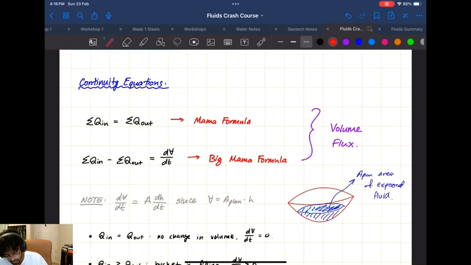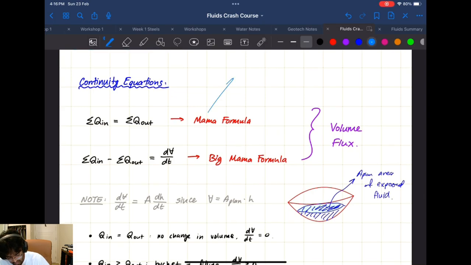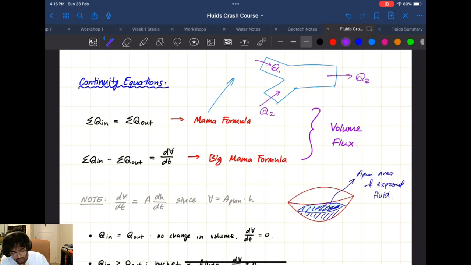I'll show you this in an example. Consider a pipe junction. Over here we've got some volume flux going in, some volume flux going in, and some volume flux going out here. We know that the amount going in has to equal the amount going out.